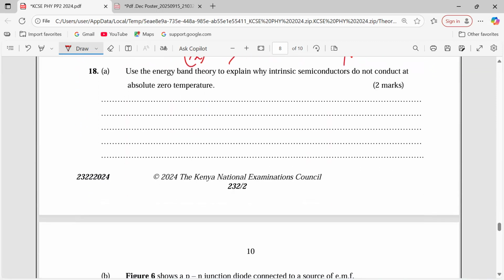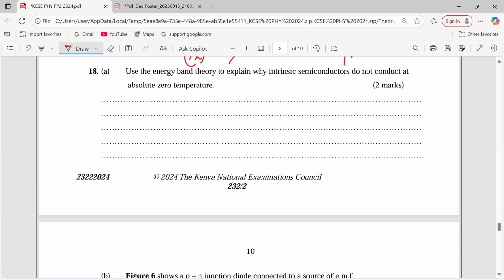The last question here is number 18. Look at part A of number 18. Use the energy band theory to explain why intrinsic semiconductors do not conduct at absolute zero temperature. Intrinsic semiconductors are pure semiconductors whereby nothing has been added to them, no impurity to boost the conductivity.